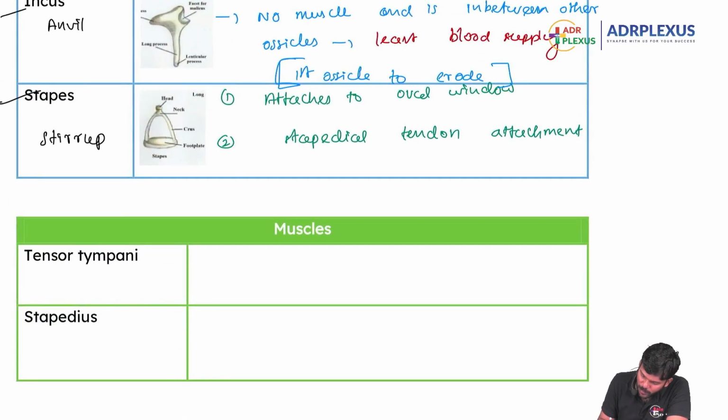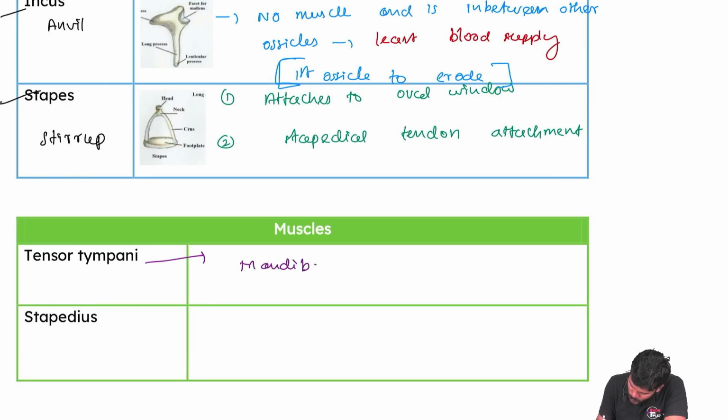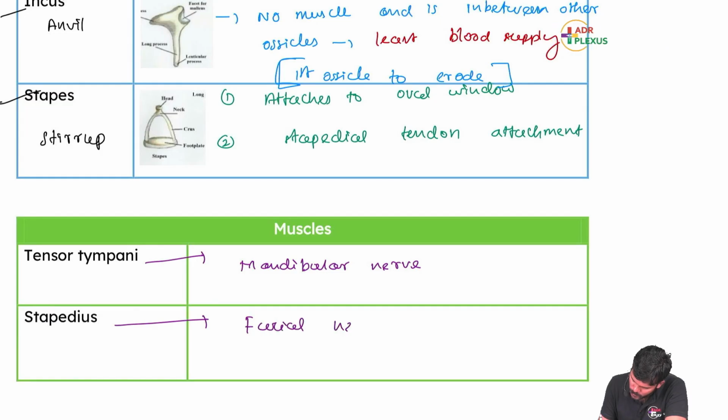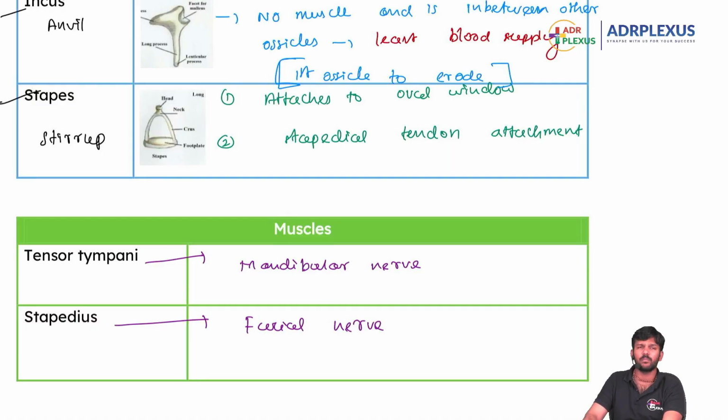Muscles: the tensor tympani muscle attaches to the malleus. It is supplied by the mandibular nerve. Stapedius is supplied by the facial nerve. So all the first arch structures are supplied by the mandibular nerve. Second arch structures are supplied by the facial nerve.